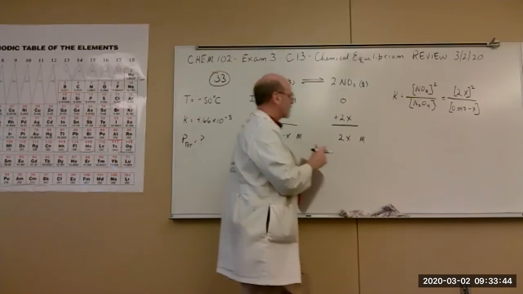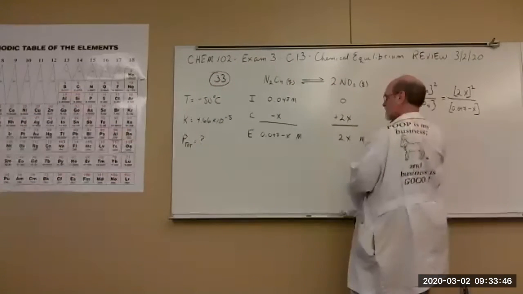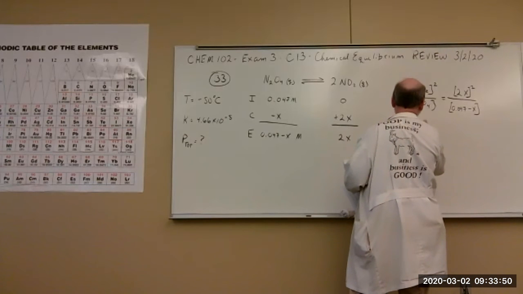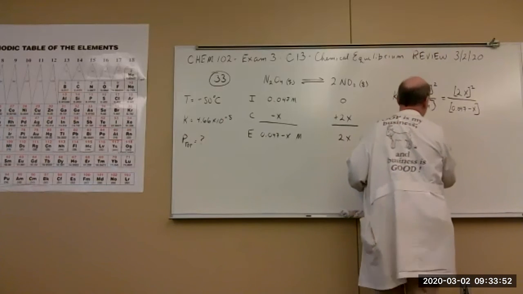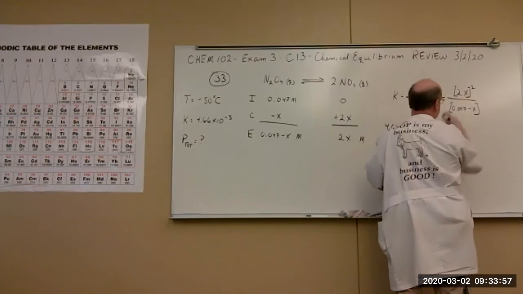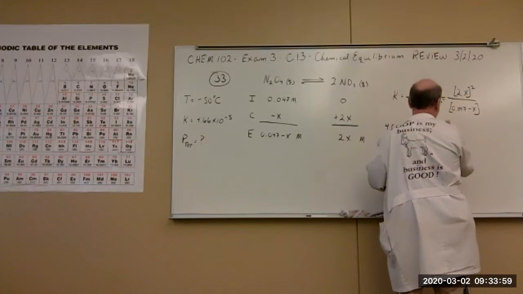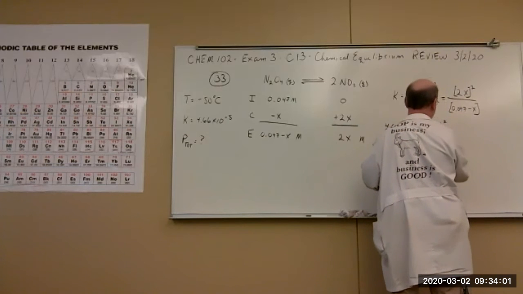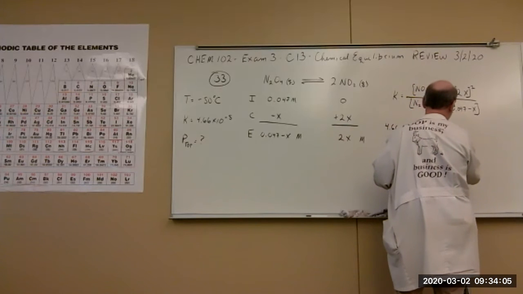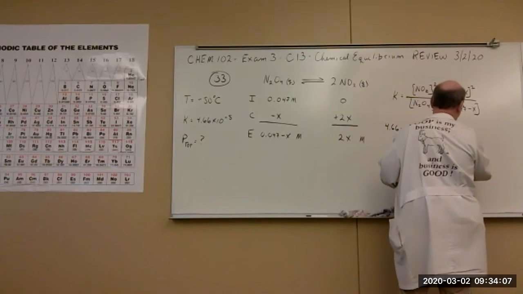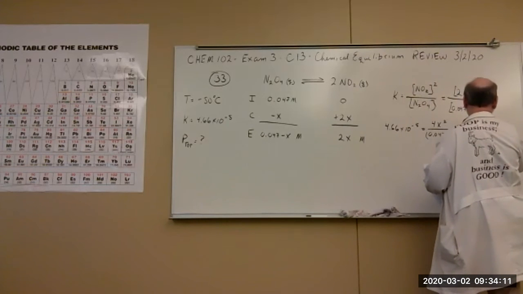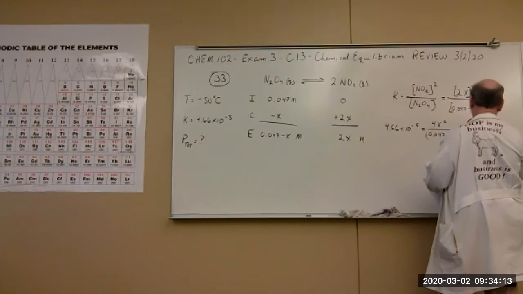So if we write this out, the K is this, 10 to the minus 8. And then our values are, let's go ahead and multiply that: 4x squared divided by 0.047 minus x. That's very close to 4x squared over 0.047.